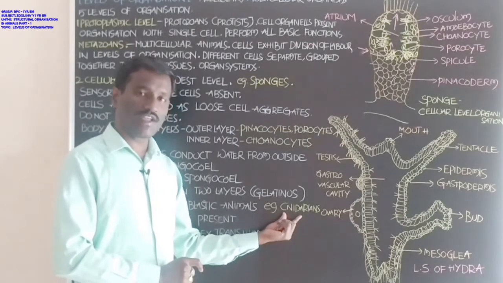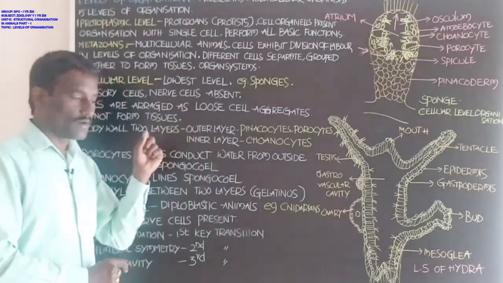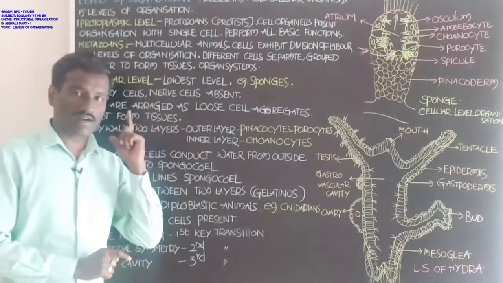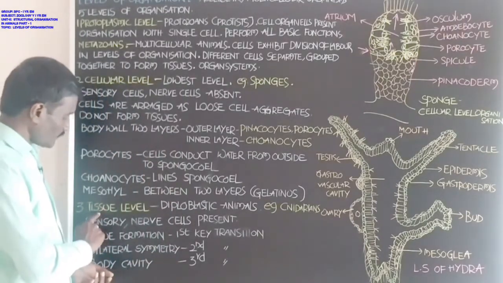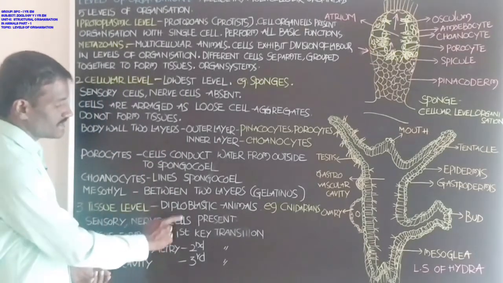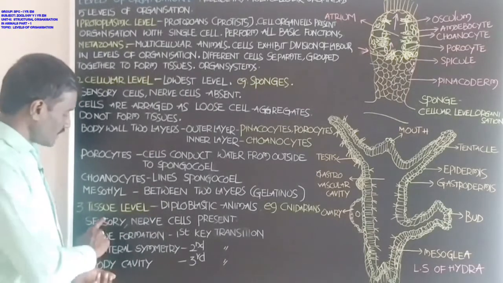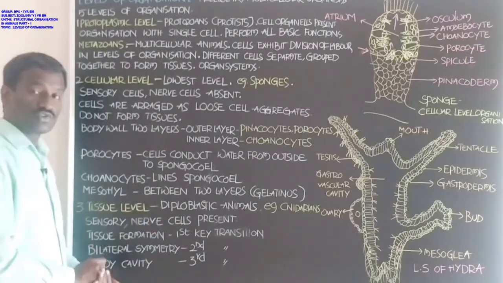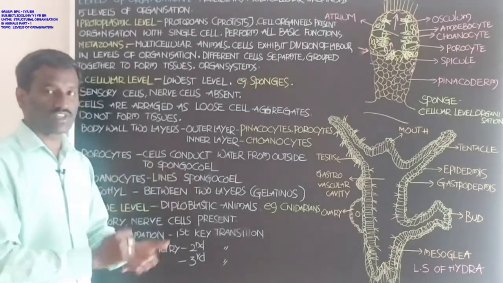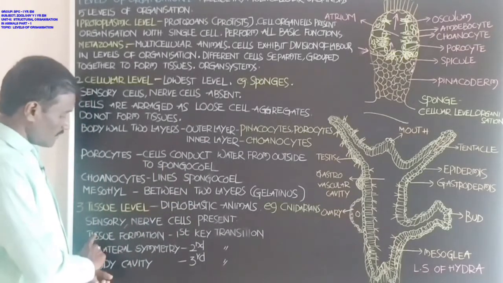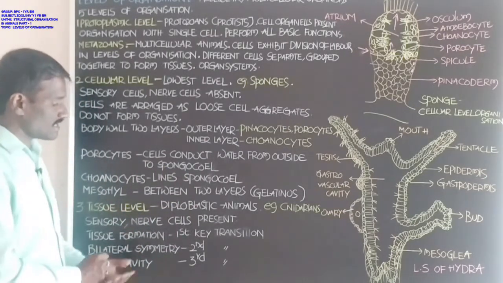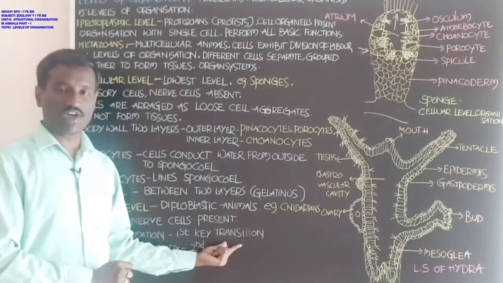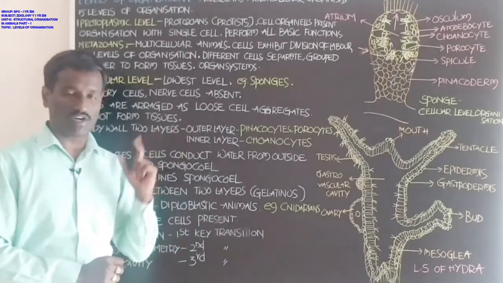Cnidarians show the tissue level organization. Sensory nerve cells are present, so there is coordination between the cells. Tissue formation is the first key transition in the evolution of the body plan in animals.